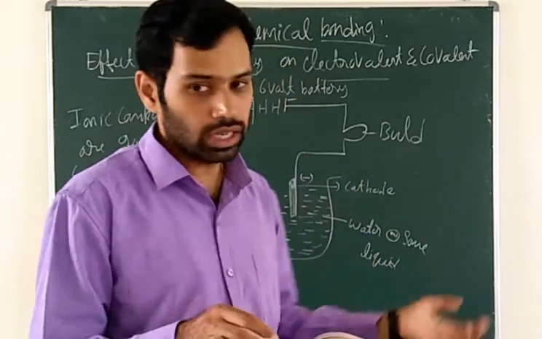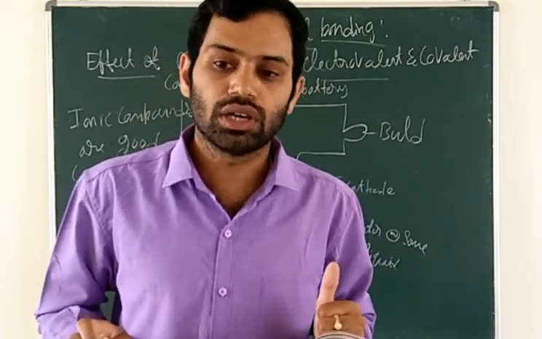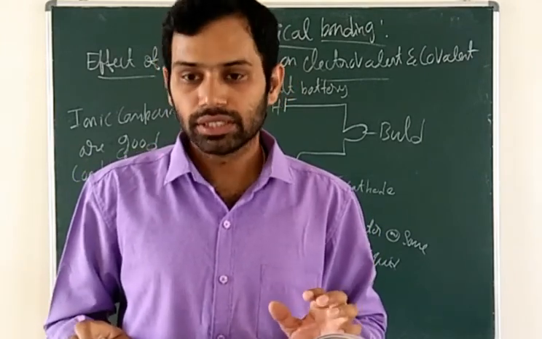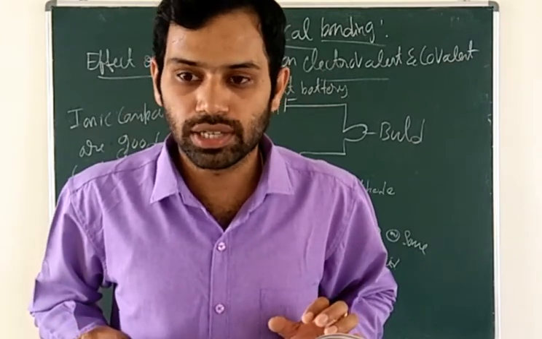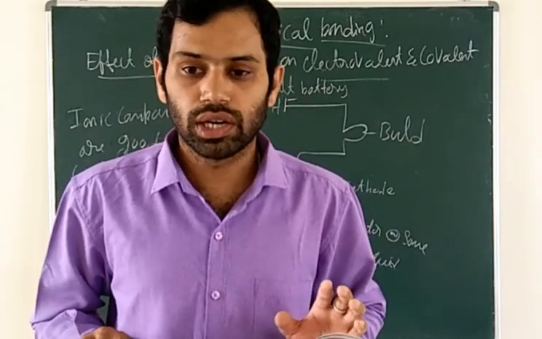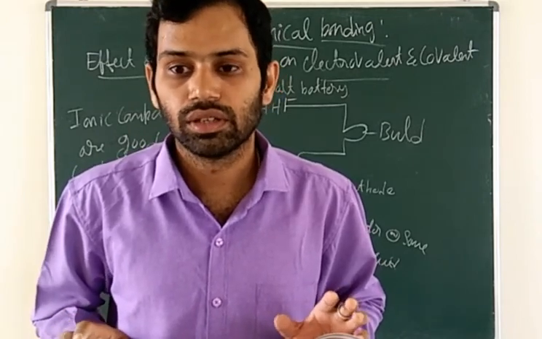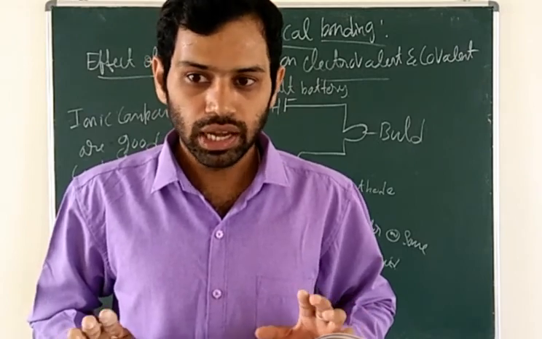So this is the procedure, the effect of electric current on electrovalent compounds as well as covalent compounds. Why is electric current not allowed in covalent compounds? Because covalent compounds contain only molecules, not ions.